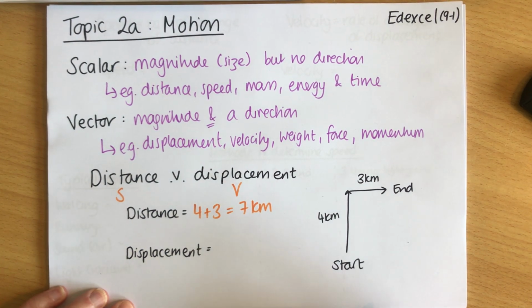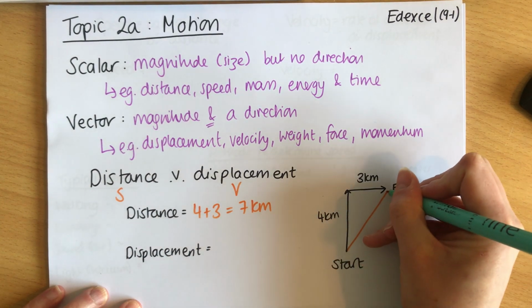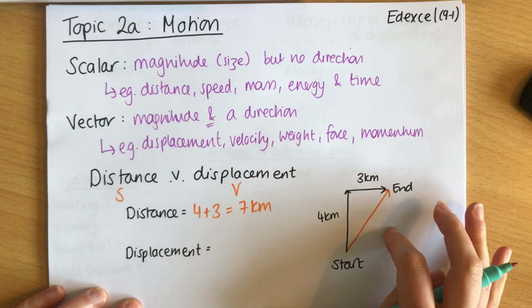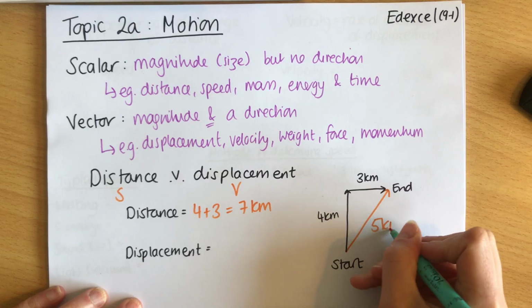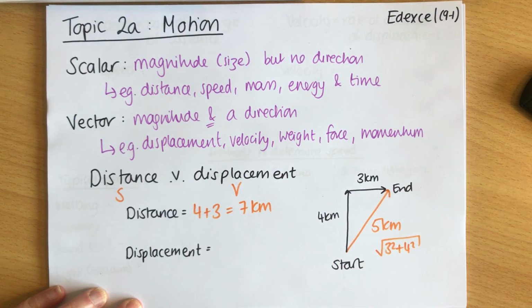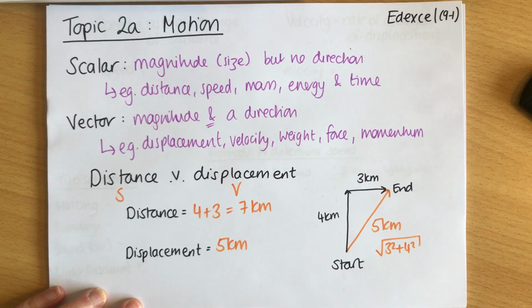The displacement is the total distance you've travelled from the start in a straight line. So here the displacement would be this arrow there. Now if you know any trigonometry, you'll know that the hypotenuse of this is going to be 5 kilometres. I've done the square root of 3 squared plus 4 squared to get to that. So the displacement, the distance from the start, would be 5 kilometres, and I need to put a direction.